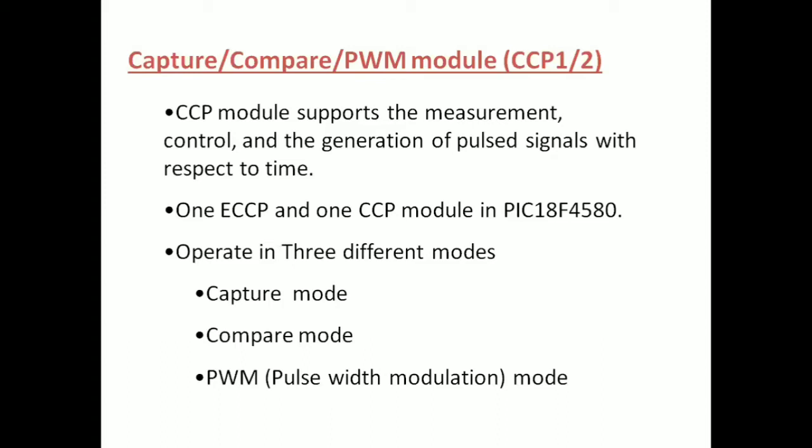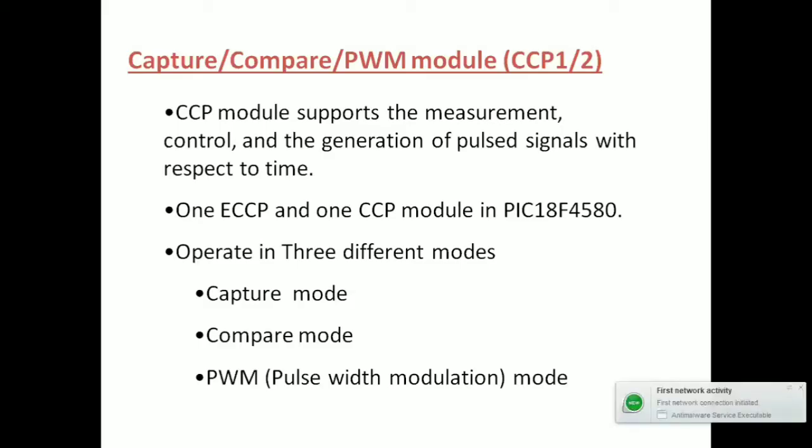So what is the use of this CCP module? The CCP module supports the measurement, control, and generation of pulsed signals with respect to time. That means this CCP module can be operated in capture, compare, and PWM mode. When it is operated in the capture mode, it allows the programmer to measure external signals applied to the CCP input pin.